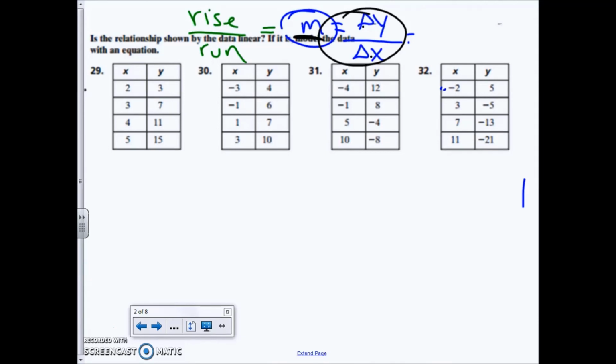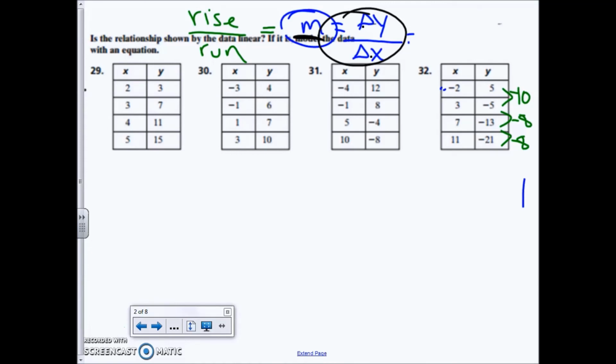Alright, so tell me. From 5 to negative 5, we go down 10. From negative 5 to negative 13, we go down 8. And here we go down 8. Doesn't seem so crazy right now.